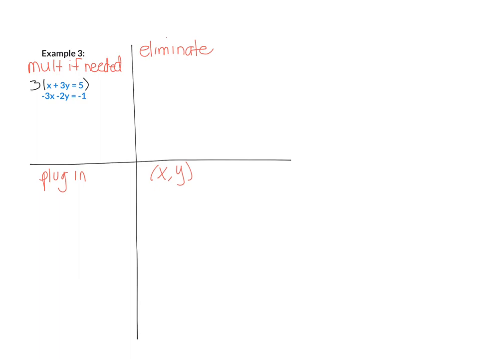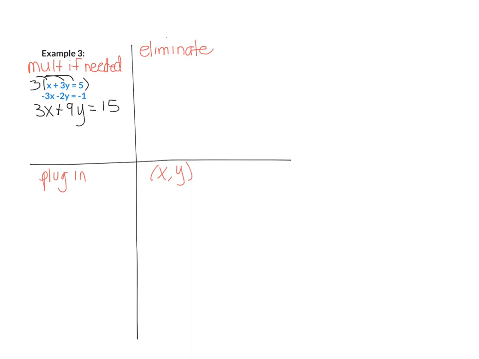So I'm going to distribute that 3 to the first term, to the second term, and to the third term. So 3 times x will give me 3x. 3 times 3y will give me a positive 9y. 3 times 5 will give me 15.